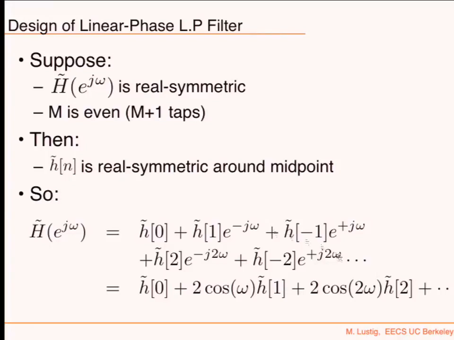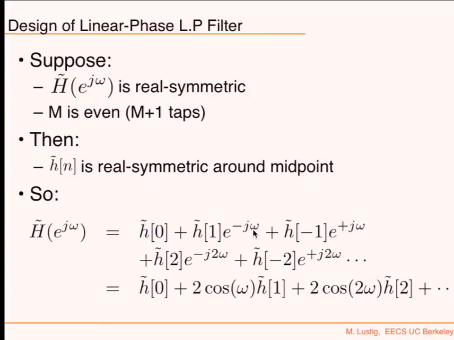Now, the thing is, because H tilde is real and symmetric, H of 1 and H tilde of minus 1 are the same. Because it's symmetric. That's what symmetry means. And so if this is the same, then really what you have is e to the minus j omega plus e to the plus j omega, and we can take this H outside. What is e to the minus j omega plus e to the plus j omega?